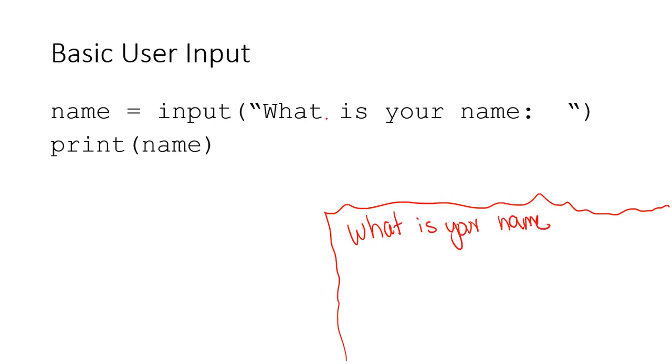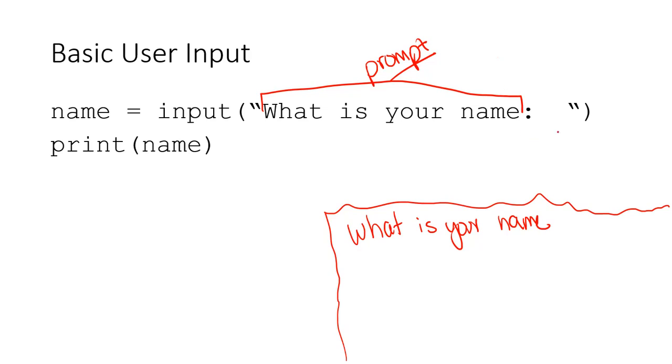This is what one would call a prompt. We call it a prompt because we're prompting the user for information. If you had nothing there and you're waiting for them to type in something, the user wouldn't know what to type in. It's like when you're on the login page for an app and it says username beside something. The username is the prompt. It's asking you what to type in.